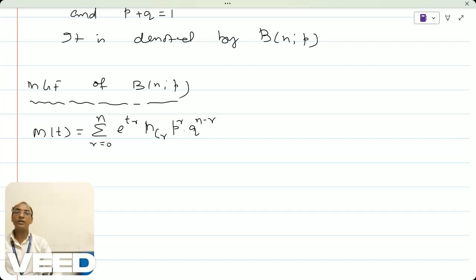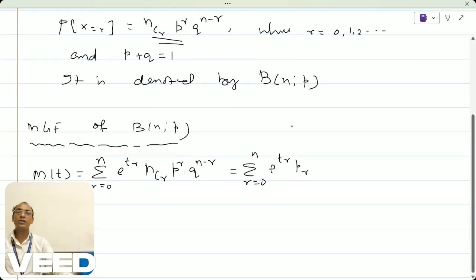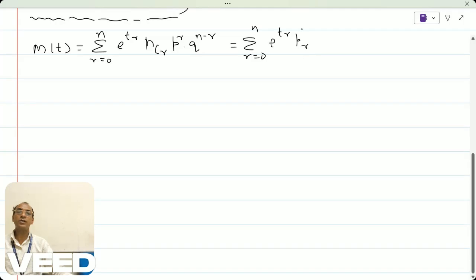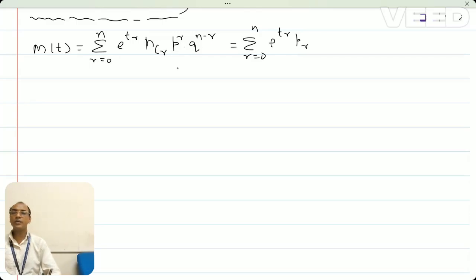So here this means summation r equal to 0 to n e to the power tr and Pr. So here I can say this is equal to Pr. Pr is the probability distribution, and I am putting Pr equal to nCr p to the power r q to the power n minus r.